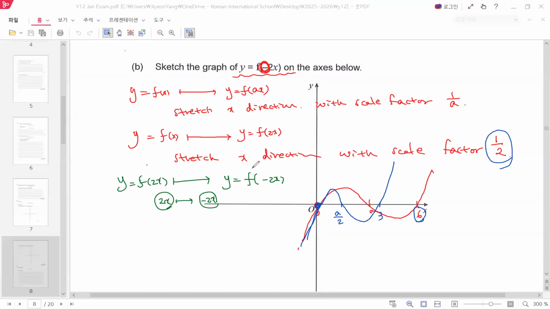So it's going to be reflected on the y-axis. The x sign has been changed, so it's going to be reflected on the y-axis, which gives negative a over 2 and negative 3, this blue line, and then reflect this one.